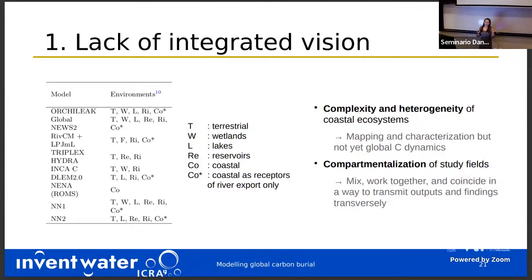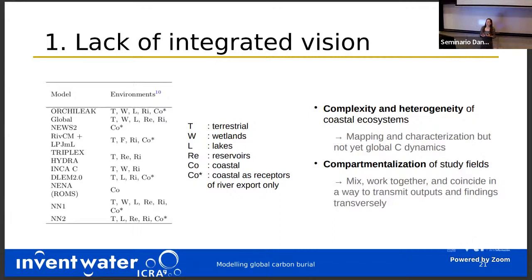So the coastal ecosystem is just considered as a receptor of the carbon, and processes there are not modeled. This is mainly because of the complexity and heterogeneity of the coastal ecosystems. So far, there has been a great effort at mapping those ecosystems and characterizing them, so we can see how much we have lost from those ecosystems or gained, but they have not yet been included in global carbon models.